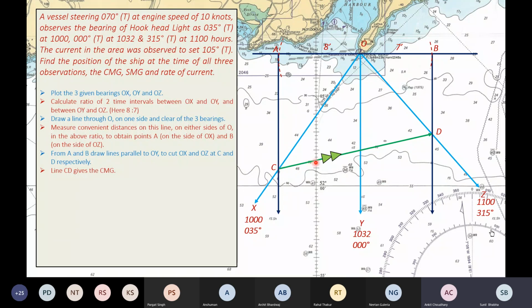Course made good is represented by double arrows, so you see the double arrows on this line. We can now place our parallel ruler to this line and read off the course made good from the compass rose. The course made good comes out to be 078 degrees.